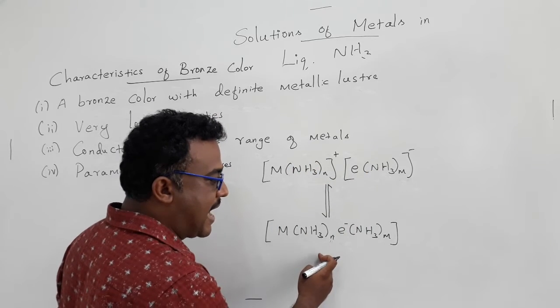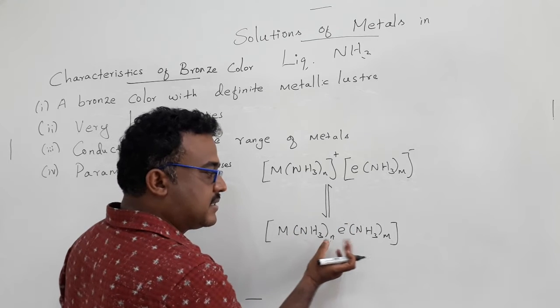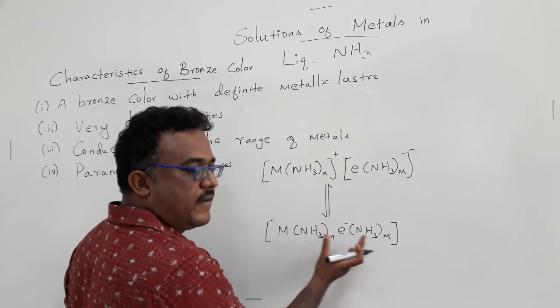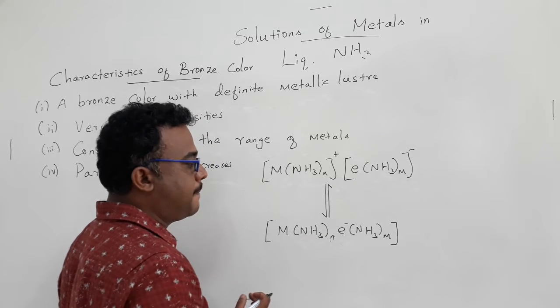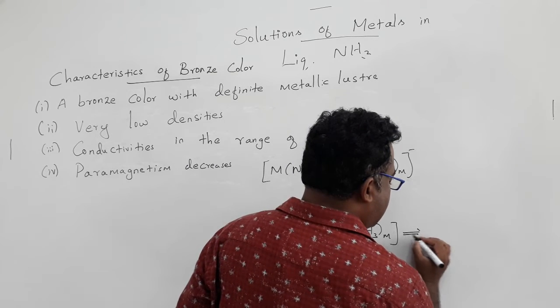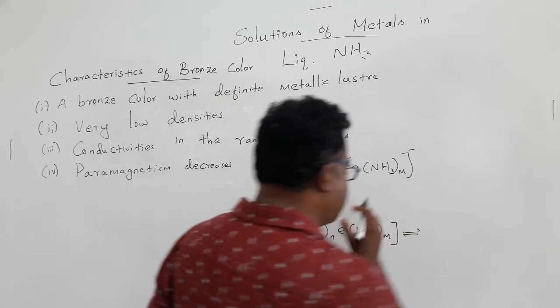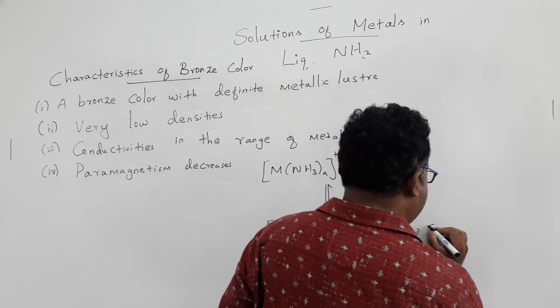But when you come here, the electrons are in the metal but separated by solvent ammonia molecules. And other than that, it can also go as a dimer. One of the species can unite with another species to form a dimer.